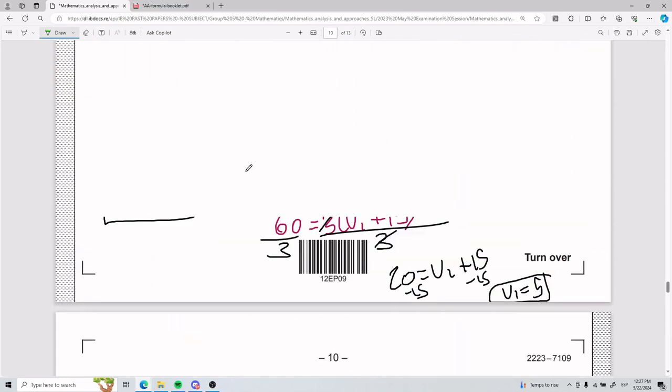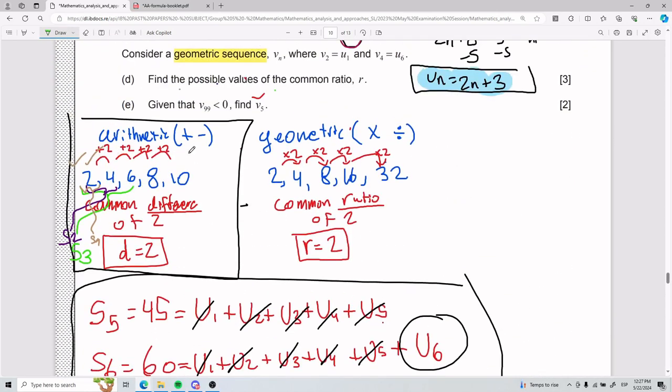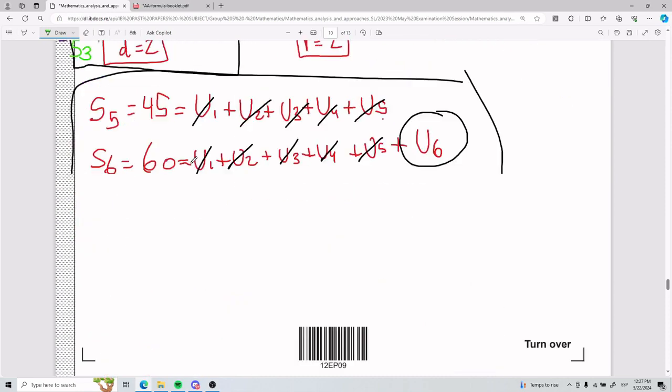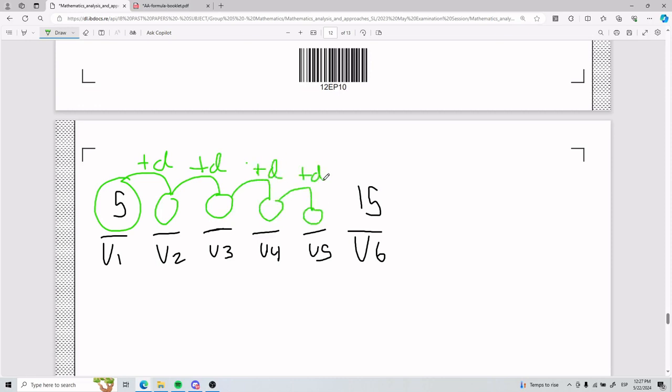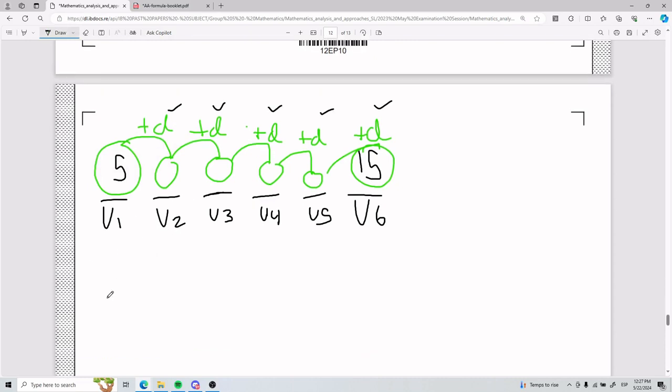The same idea I did up here of doing plus 2, plus 2, plus 2, plus 2, you can think about it down here as plus d once to reach this one, and then plus d again, and again, and again, and again. So how many plus d's was it? It was 1, 2, 3, 4, 5. So that's telling me that u1 plus 5d has to equal u6.